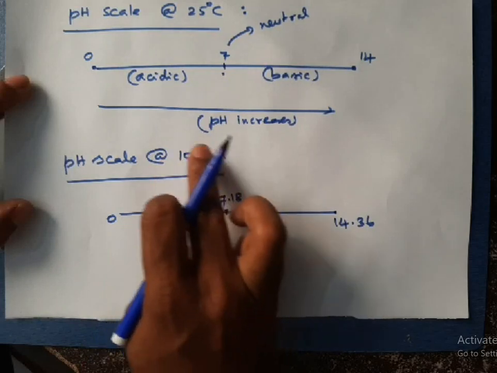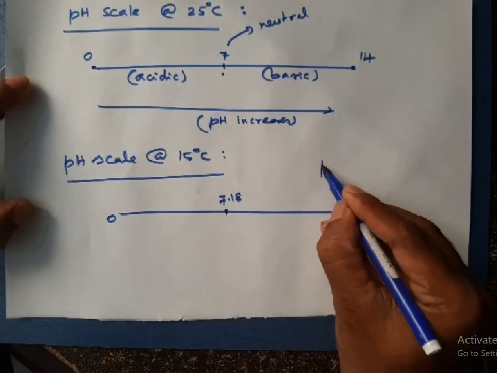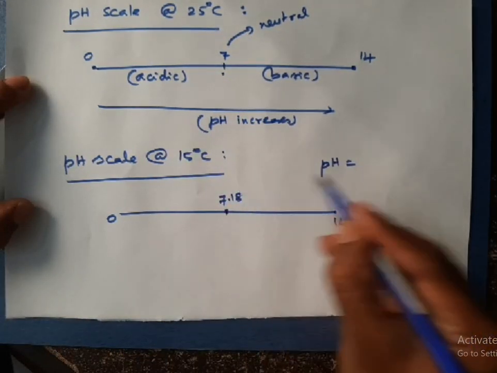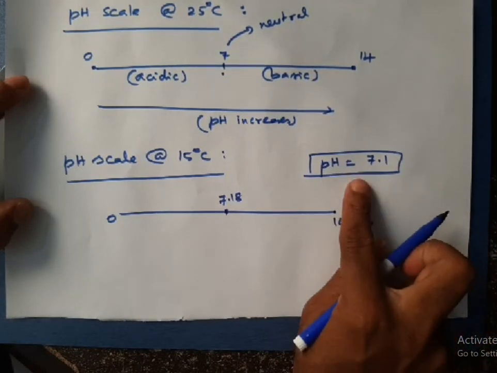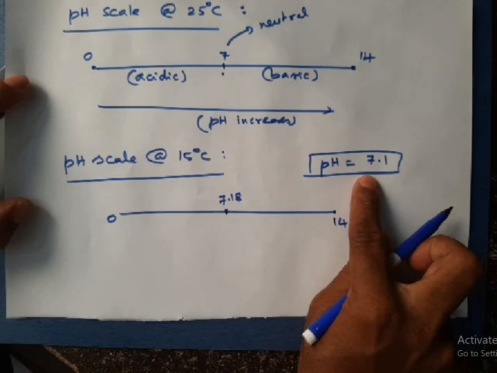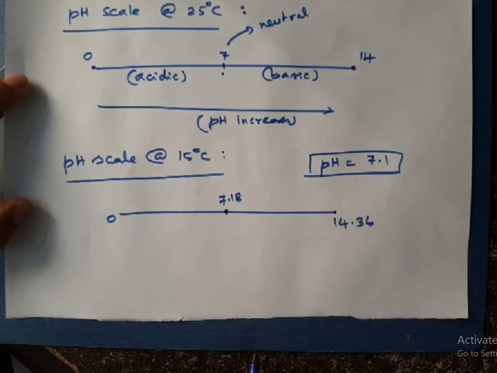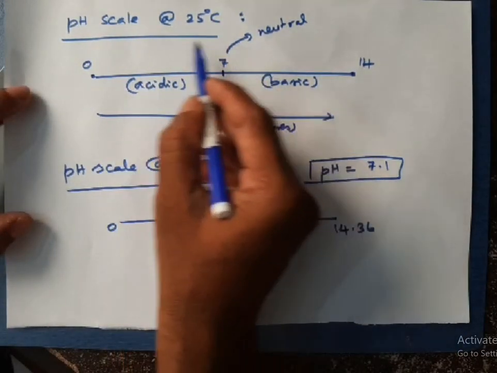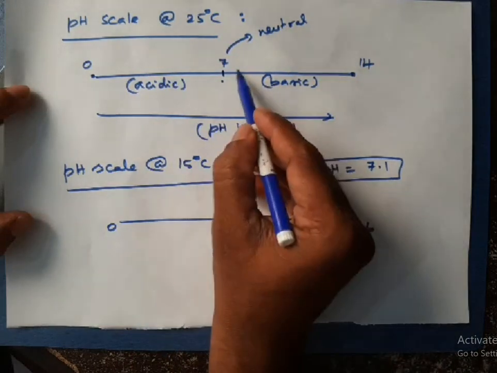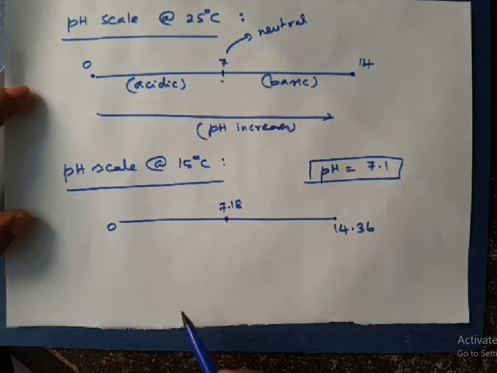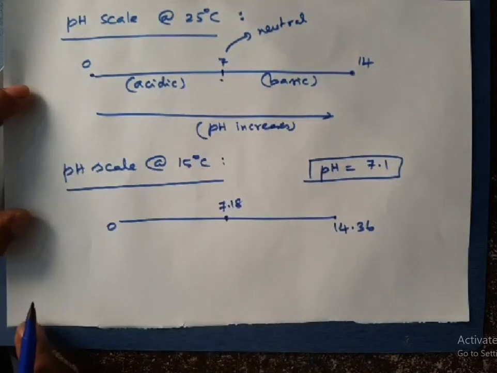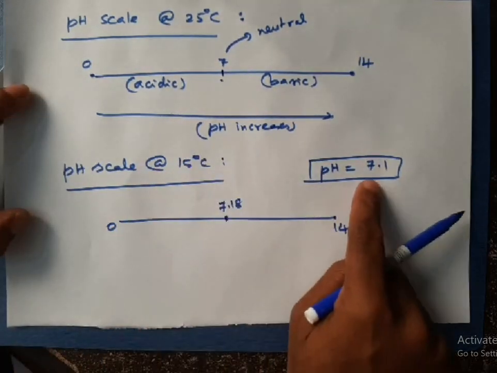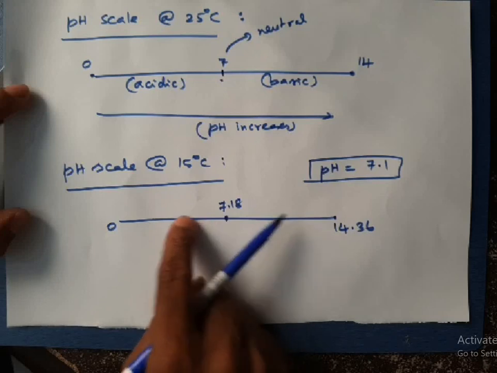Suppose at 25 degrees Celsius, the pH of a solution is 7.1. Is this solution basic or acidic or neutral? Listen, as per this data, if it is 7.1, it should be a basic solution. But if this pH is given at 15 degrees Celsius, 7.1 is below 7.18. Therefore, the solution is acidic.